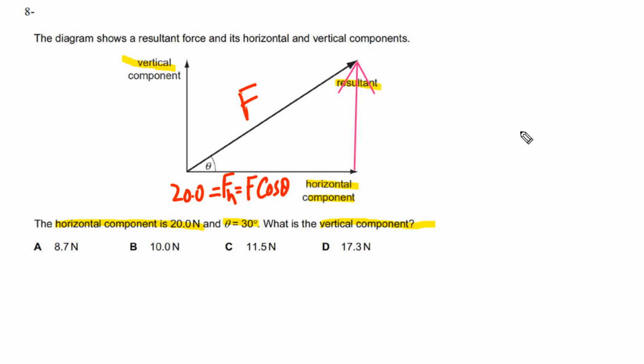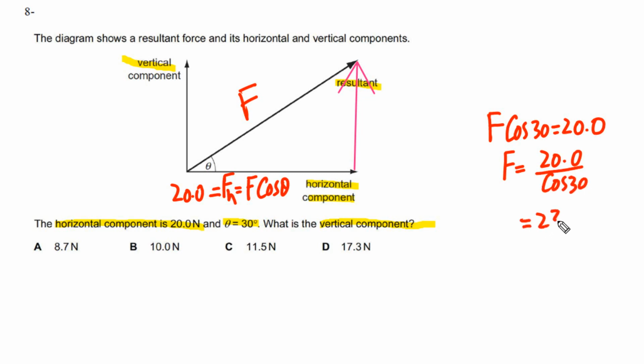So we can write F cosine of 30 degrees equal to 20.0 newtons, and we can find the value of F. We simply divide 20 by cosine of 30 degrees. If we divide this, we will get the force equal to 23.1 newtons. So we can update this: this is the value of 23.1, and this is the resultant force.